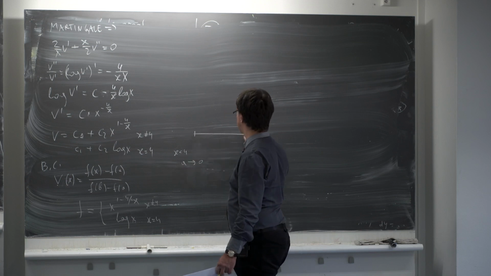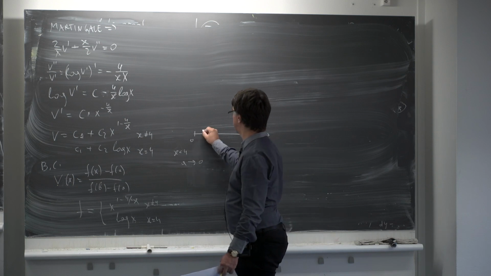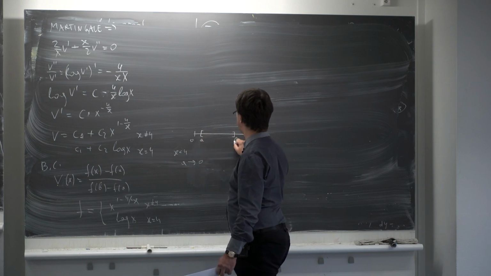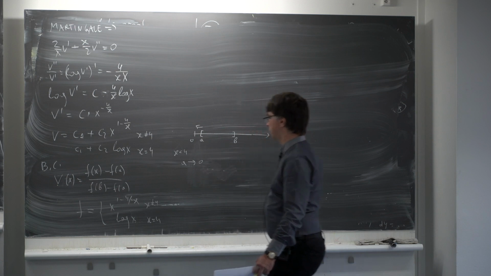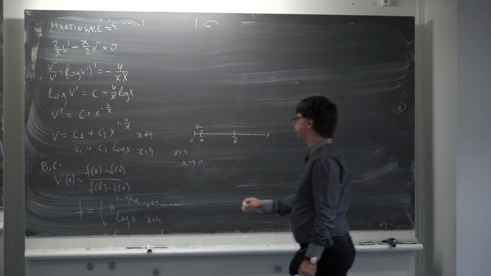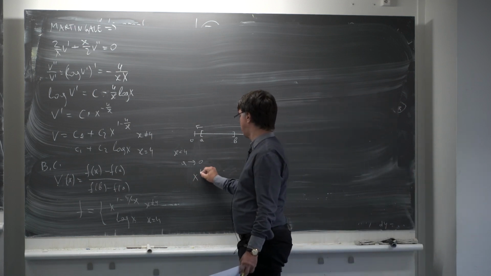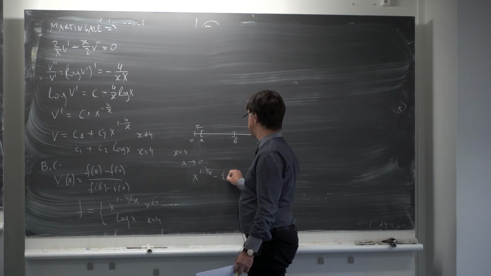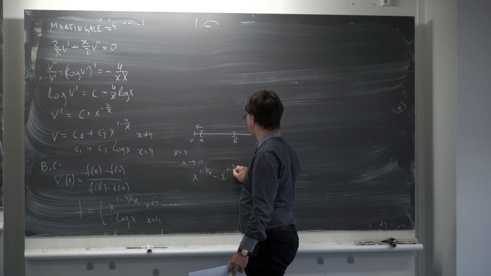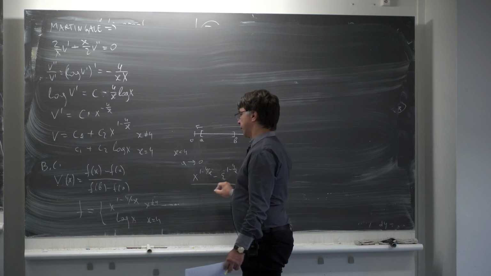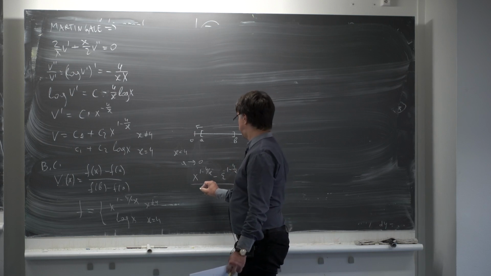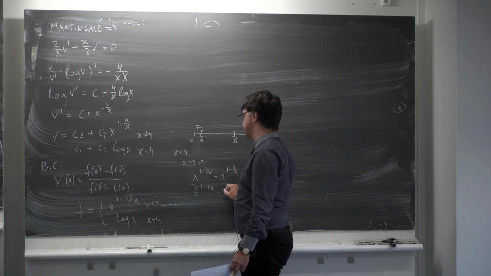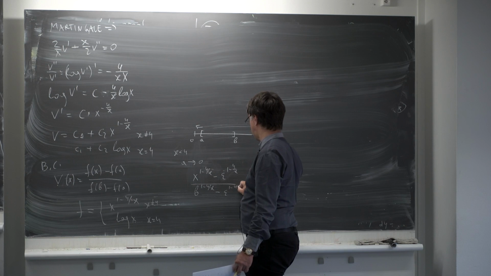So we take our line and we take the interval where a goes to 0. Then we get x to the power 1 minus 4 over kappa minus epsilon to the power 1 minus 4 over kappa, over b to the power 1 minus 4 over kappa minus epsilon to the power 1 minus 4 over kappa.